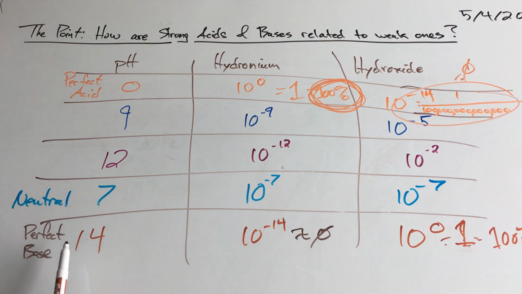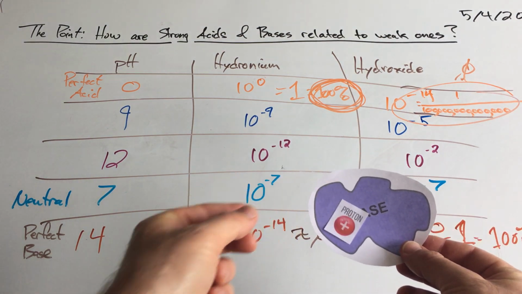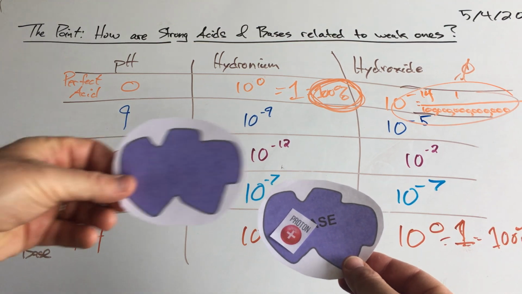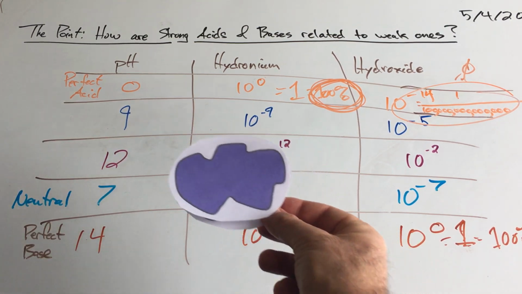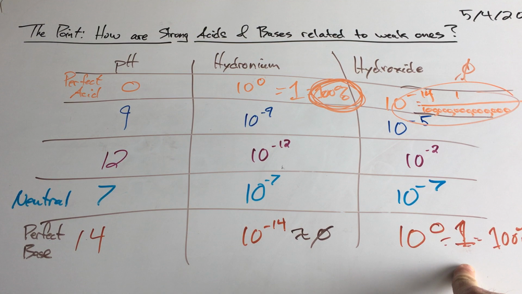So in a perfect base, 100% of the bases, so that means every single base molecule rips a proton out of its environment, eats it, which of course then makes it not a base anymore, and leaves happy. 100% of them. Because 10 to the 0 is 1, which equals 100%, right? And basically none convert.